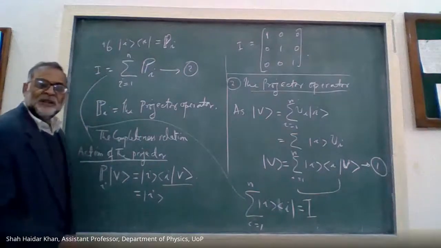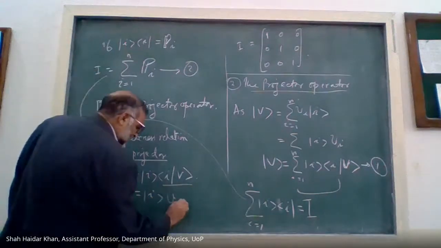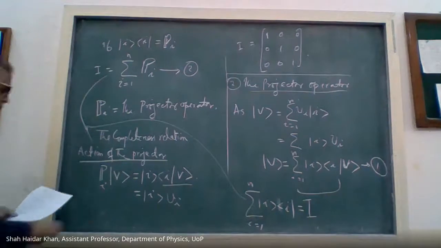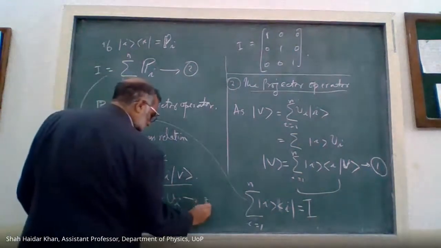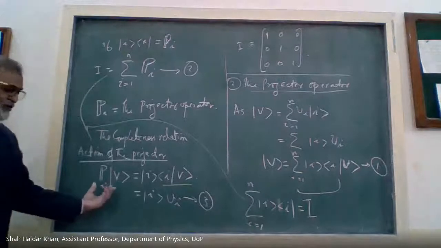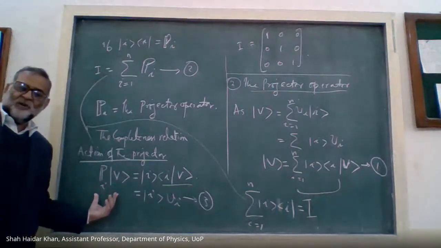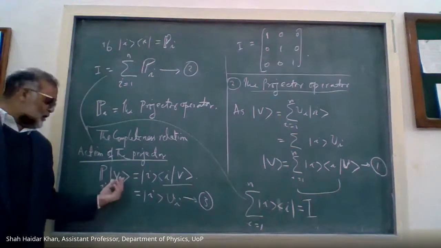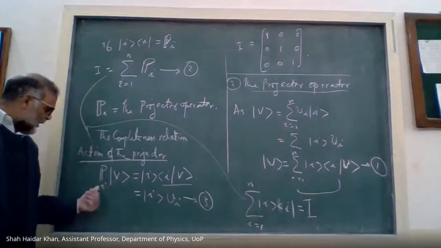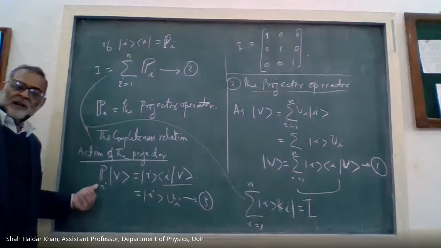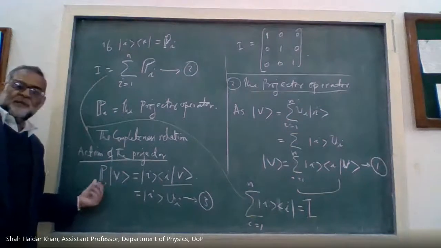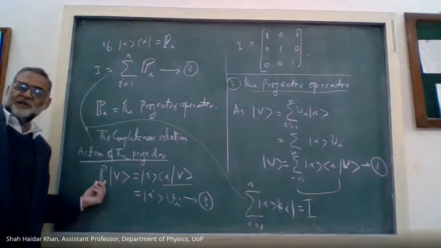The component of V along i, we call it v_i. So the action of the projector operator is that it gives you the projection of that vector on the dimension which the projector operator is representing.